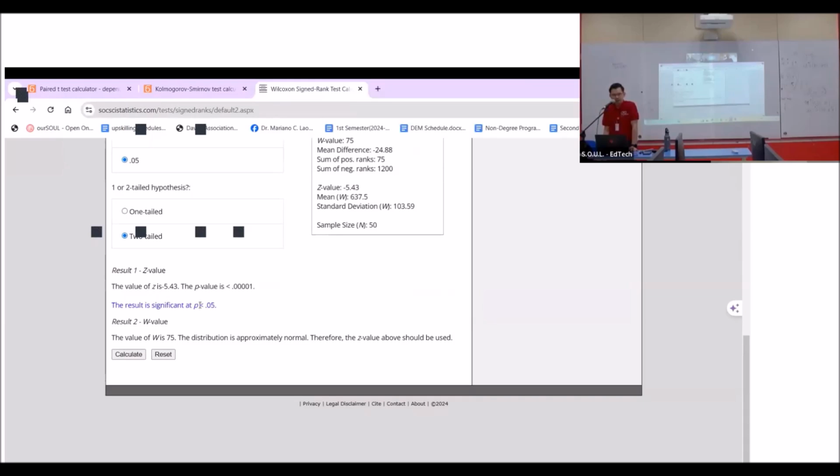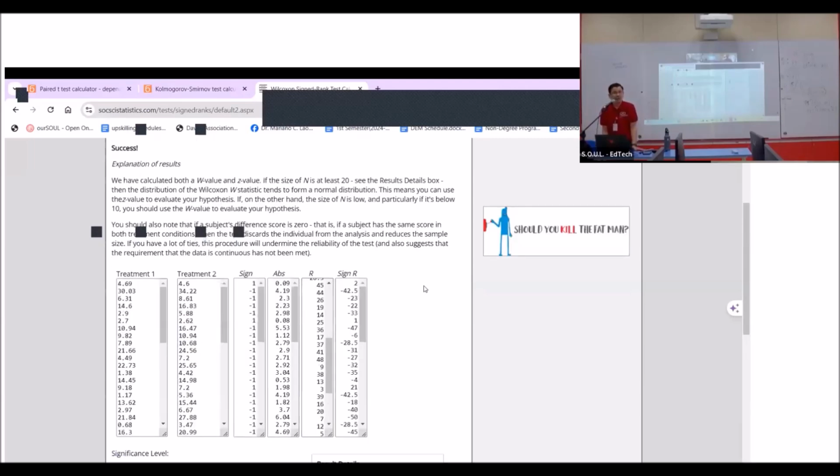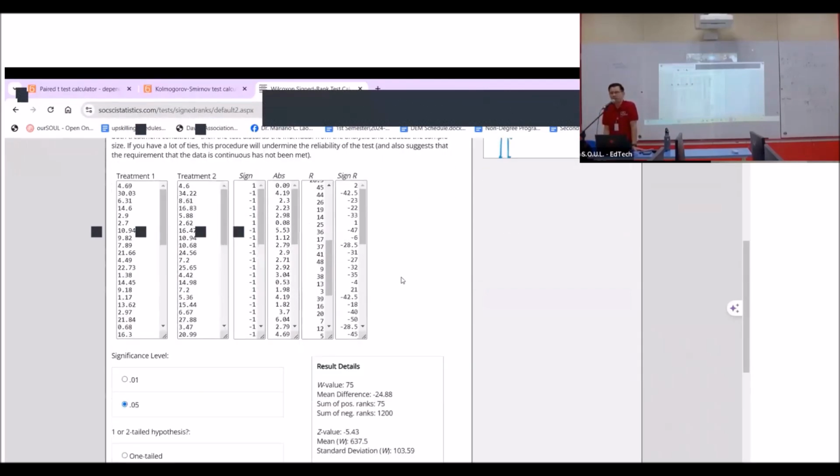Therefore, there is a significant difference. So just use this calculator. I think you won't have a problem with this calculator. All you have to do is really understand your data and at the same time understand the research question.